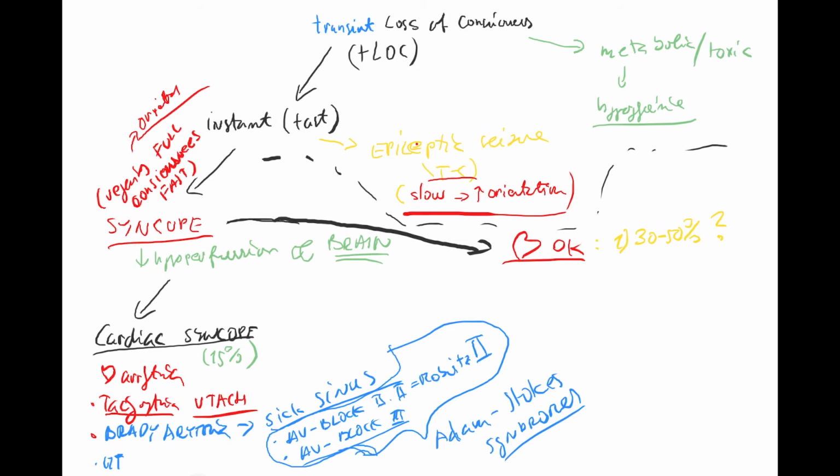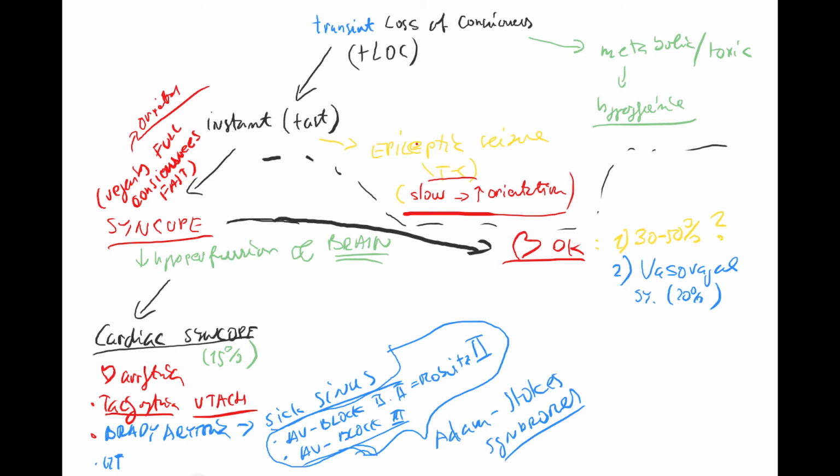And the most common one we know is the vasovagal reflex, or vasovagal syncope. It's 20%, and these are typically young women who come from outside where it's cold, they come inside, it's too hot, too humid, and now they faint.